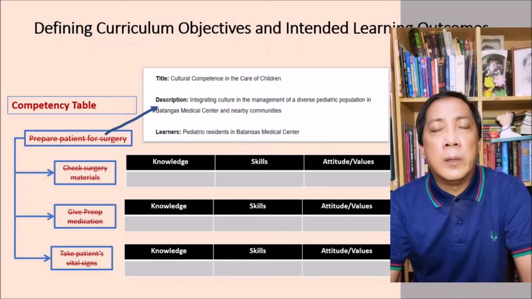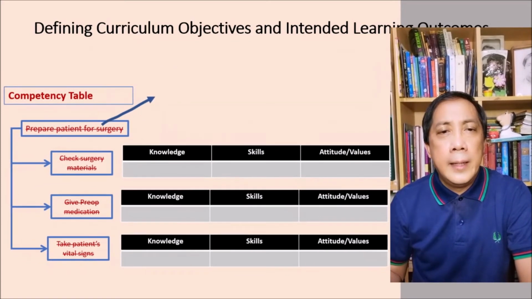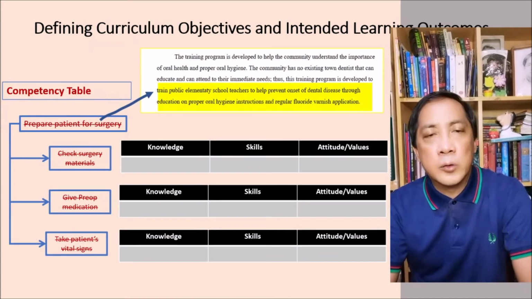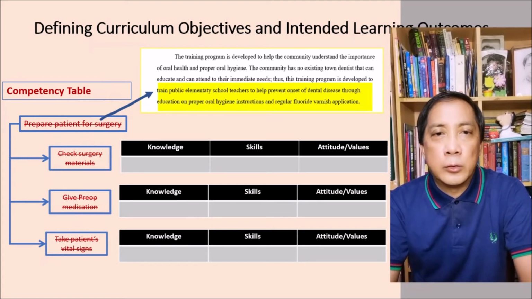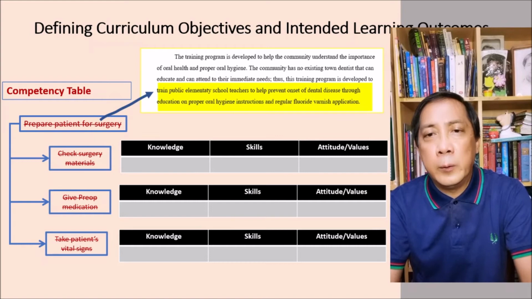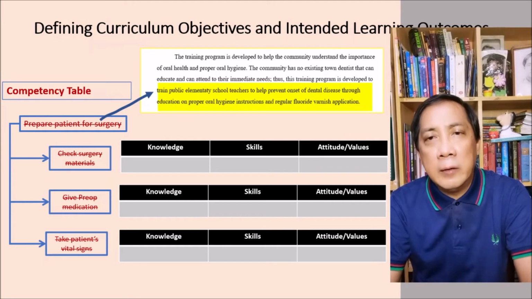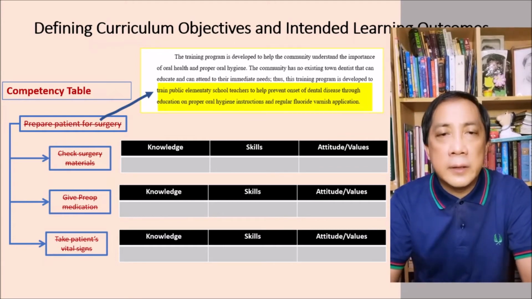It's not just enough. Probably what you need is how do you change the person's perspective in relation to a practice, a culture. And in this example, to train public school teachers in relation to oral hygiene. So if you are to train them in relation to oral hygiene, then you have at least two major domain areas or two major domains. The first domain will be on the knowledge skills related to dentistry or oral hygiene, and the other domain will be related to communicating effectively or educating effectively teachers and students on oral hygiene.